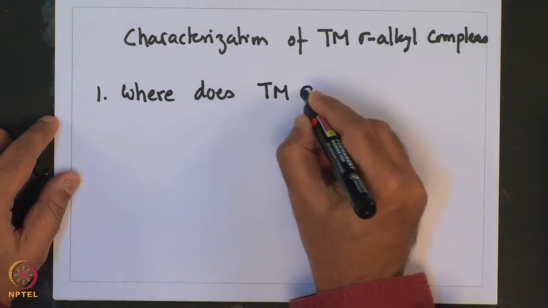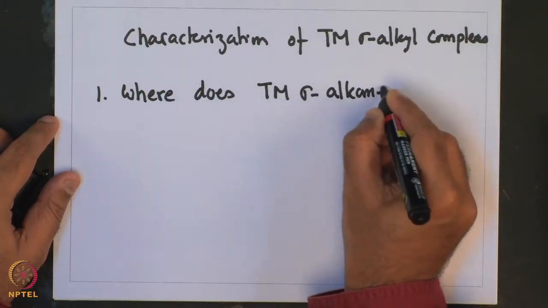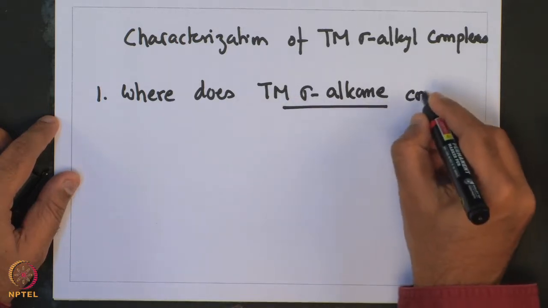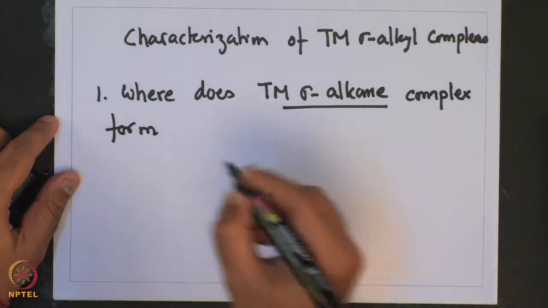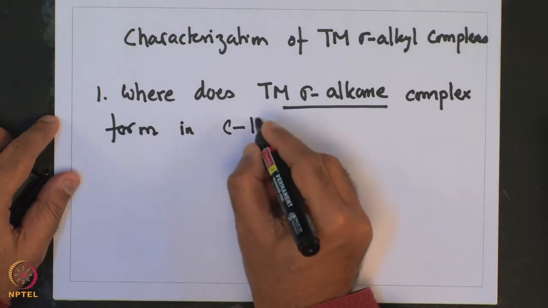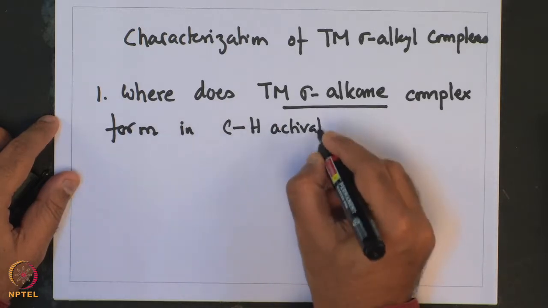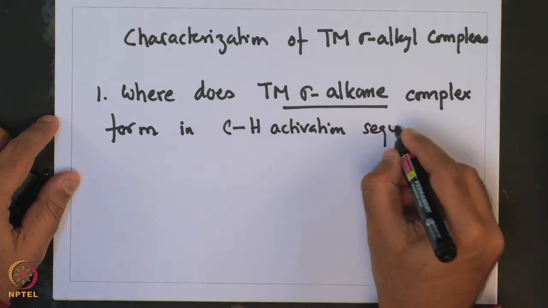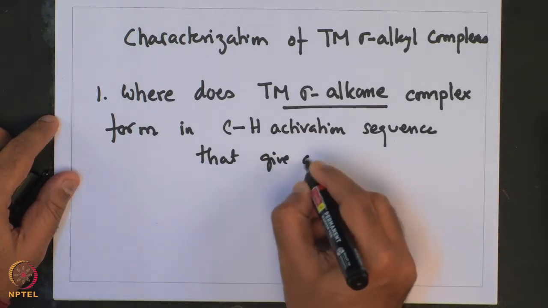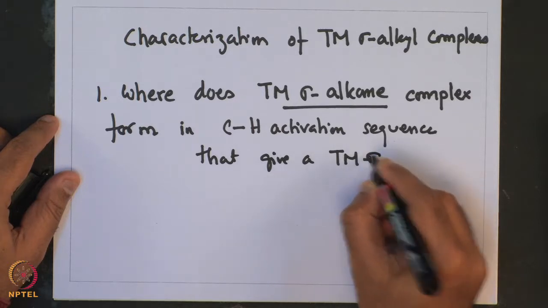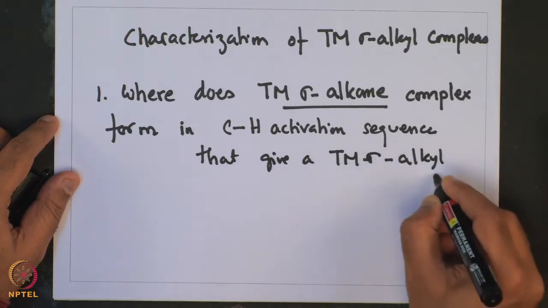So, the first question one asks is, where does the transition metal sigma alkane complex form in the C H activation sequence that gives a transition metal sigma alkyl complex?